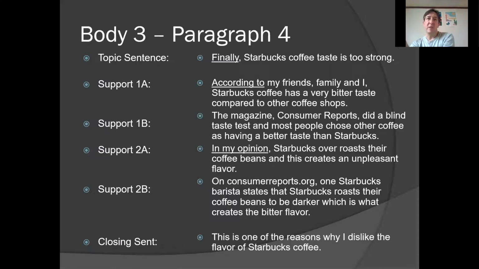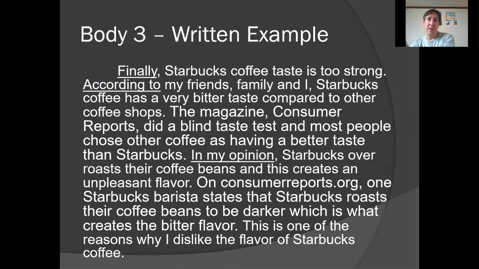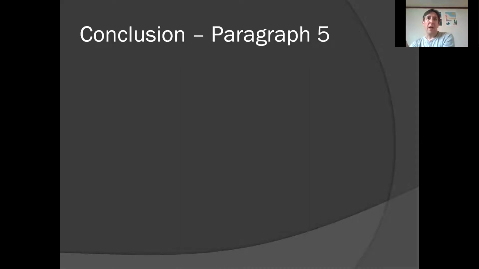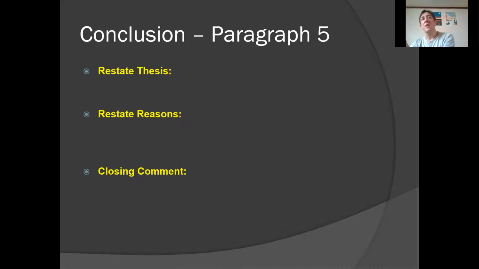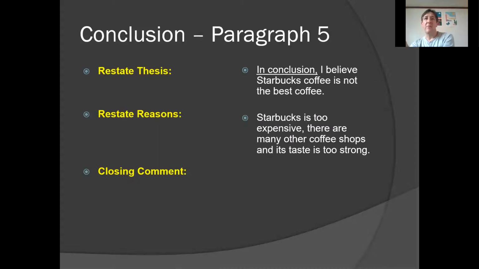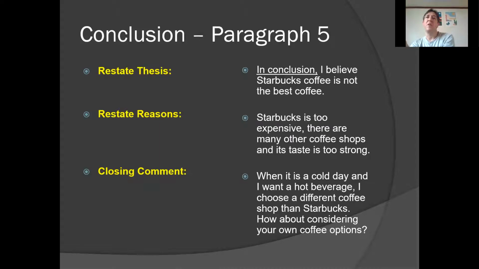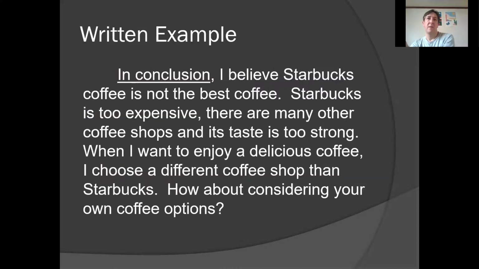I use more researched information. And I also use my opinion. Last, we have the conclusion. So we restate the opinion, we restate the reasons, and we give a closing comment. Now you can pause this video and look at these slides in more detail by yourself.